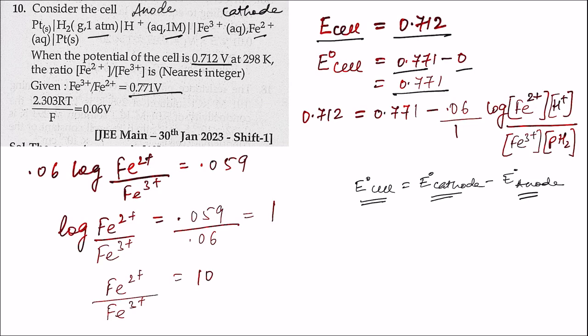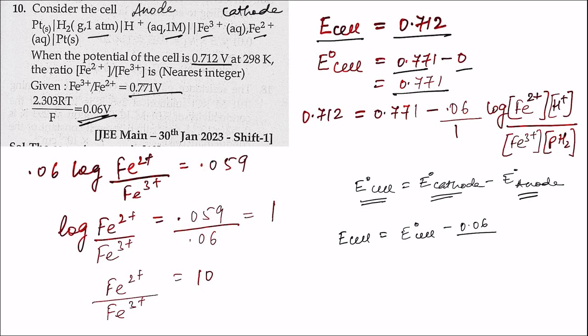So applying Nernst equation, EMF of the cell is equal to E naught cell minus, here the value of 2.303 RT by F is given as 0.06. So 0.06 divided by number of electrons involved in this reaction.